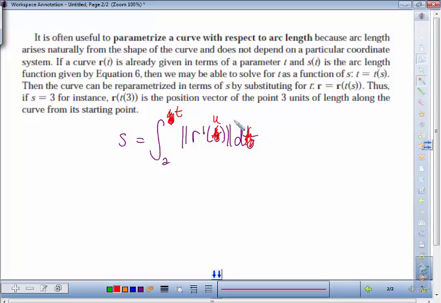So they put another dummy variable here. Any variable you choose. They chose u. So now you can write s as a function of t is equal to integral from a to t of the magnitude of r prime of u du.